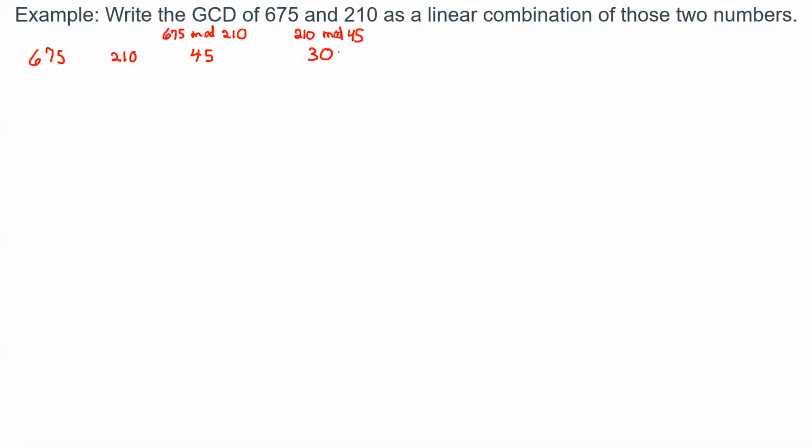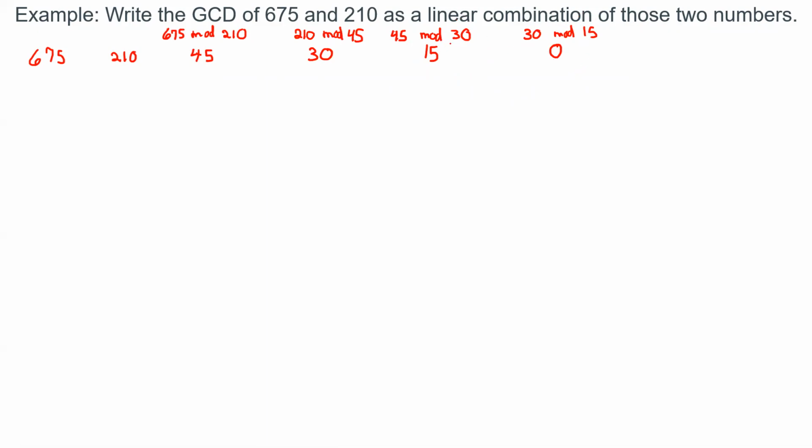Okay, the next one, we take the previous two numbers. 45 mod 30, and we get 15. And we keep going until we get 0. So now we're going to say 30 mod 15. That's when we get a 0, right? So we're all the way down to 0.